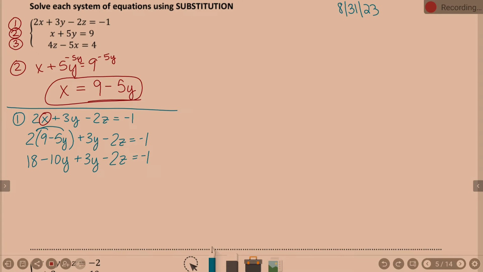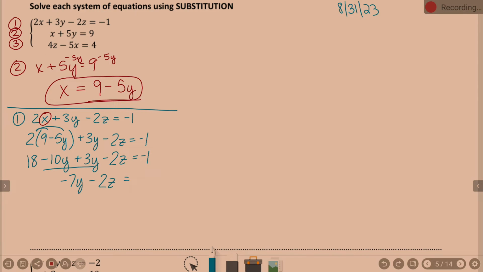Clean up like terms and move the 18, yes? So to clean up like terms, minus 10y and plus 3y. Can we do this all at once or am I doing too much? Negative 10y plus 3y is going to be negative 7y. We still have that minus 2z.